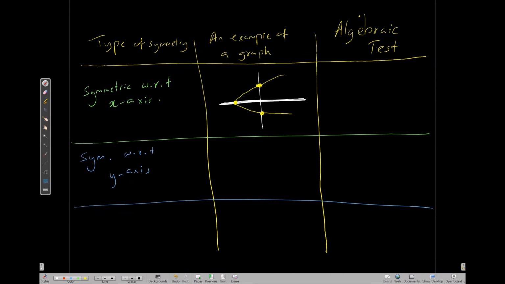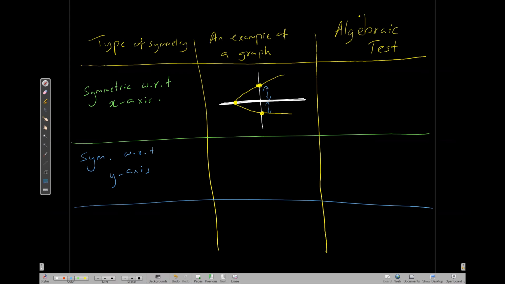Your y-intercepts, there is something we need to understand. If you see this height and this height, they are the same. For example, let's say that's 3.